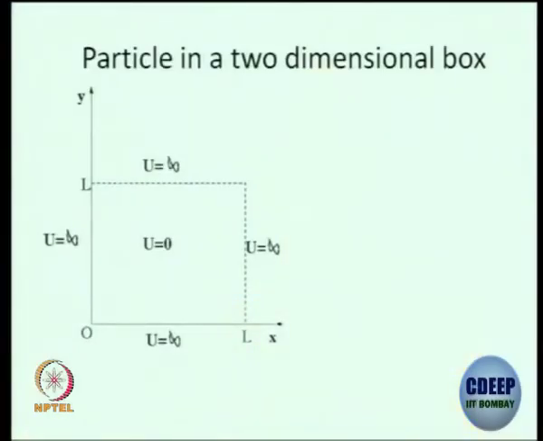So far we did one dimensional box. If we make it into a 2-dimensional box, what is the modification? You have x and y axis, okay, and the particle, we are taking a square box. We could take a rectangular box also if you want, but just for simplicity let us take a square box. So, the diagram explains where the potential is infinity and inside the square box it is 0.